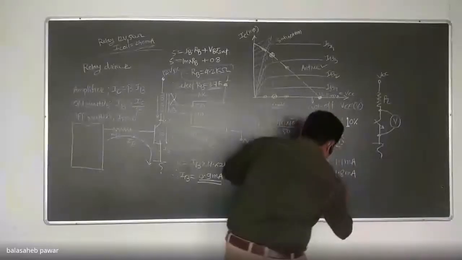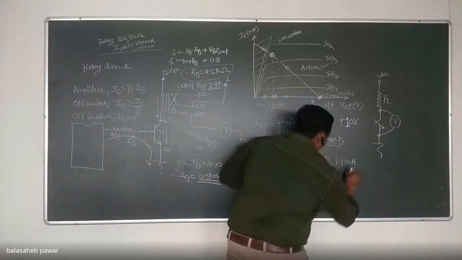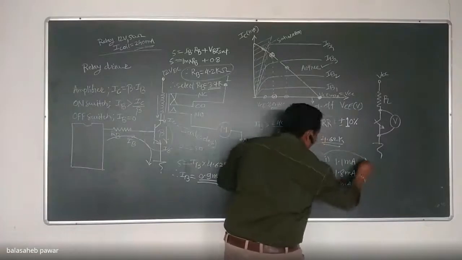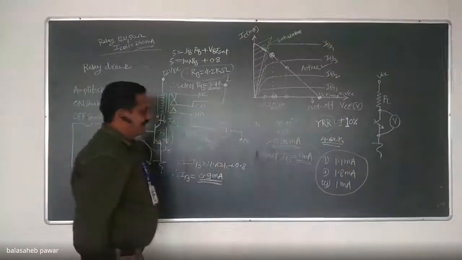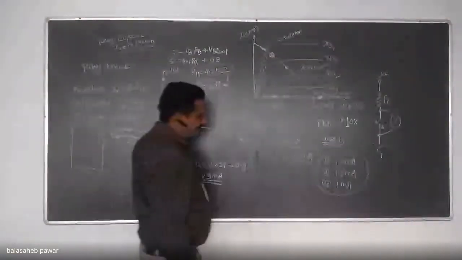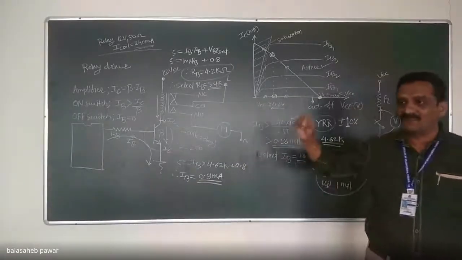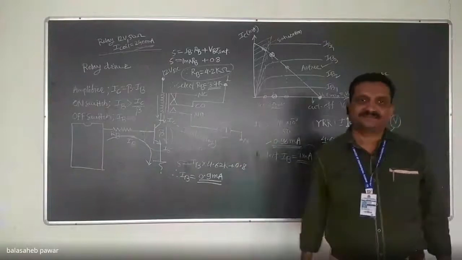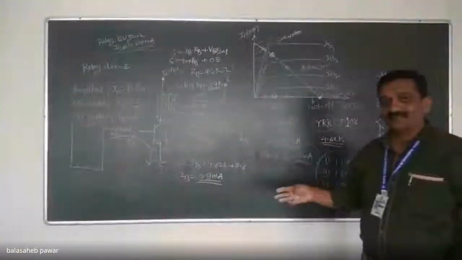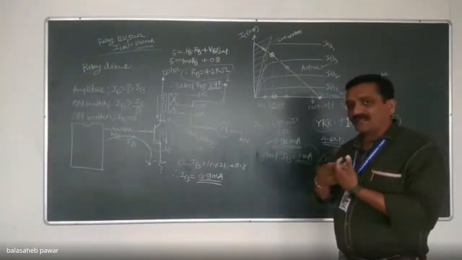It's exactly 1 milli. It is exactly 1 milliampere. Now, looking at your calculated value, can you remark that the selected resistor will be useful over here, and there is no need to worry about its tolerance also?